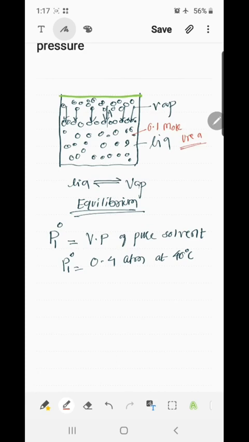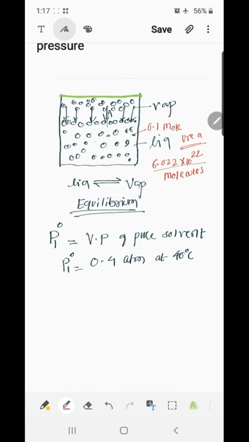So 0.1 mole of urea consists of 6.022 into 10 raised to 22 molecules of urea, because we know 1 mole consists of 6.022 into 10 power 23. Since it is 0.1 mole, divided by 10, it will be 6.022 into 10 power 22 molecules of urea added in this beaker.